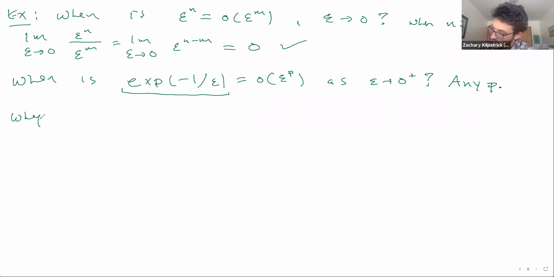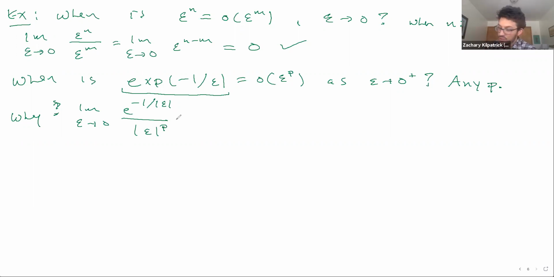And again, you could just go through this calculation to check when this is true. The limit as epsilon goes to 0 of e to the 1 over epsilon, absolute value of e to the p.